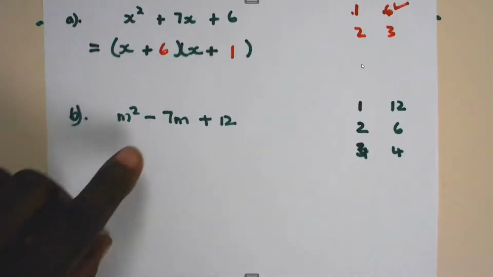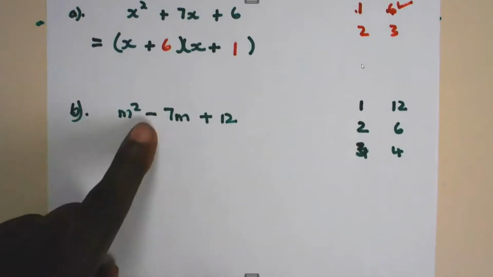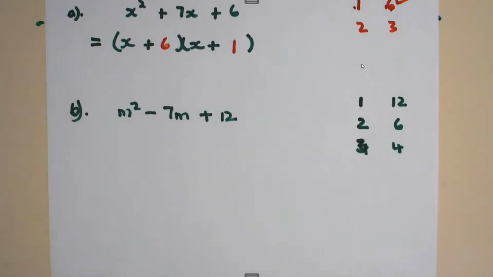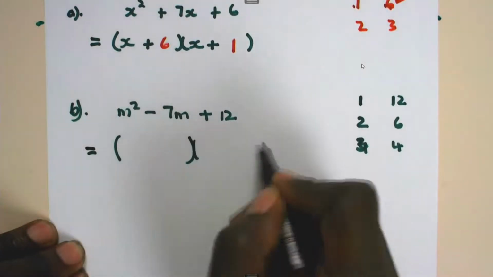The sign next to 7 means the sign of those factors, because we don't know, the signs of the factors can be positive or negative. But this sign tells you exactly that the factors must be both negative. So let's see the answer. Both negative.